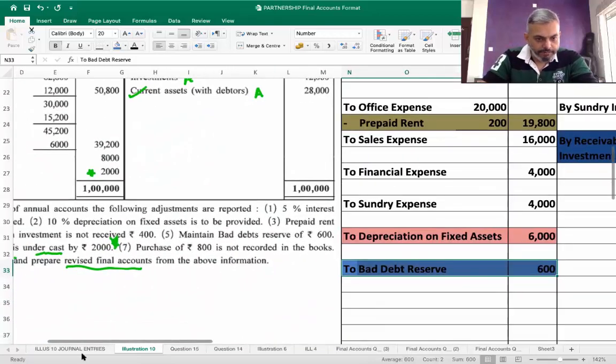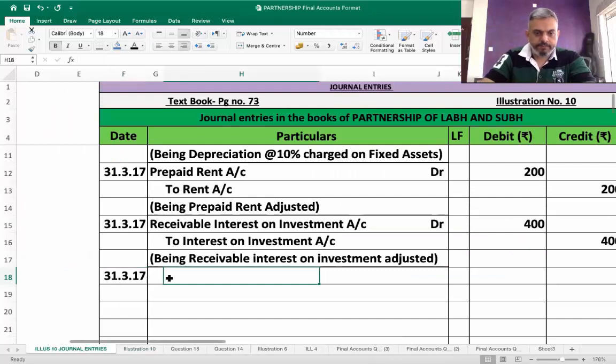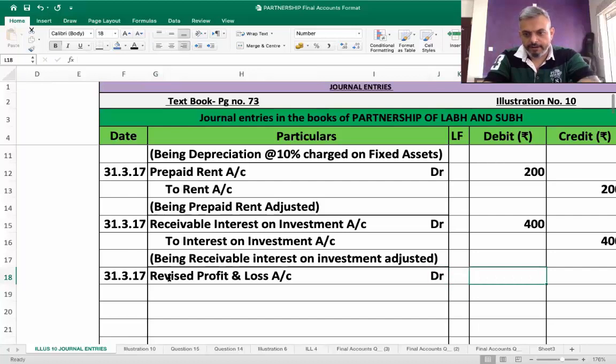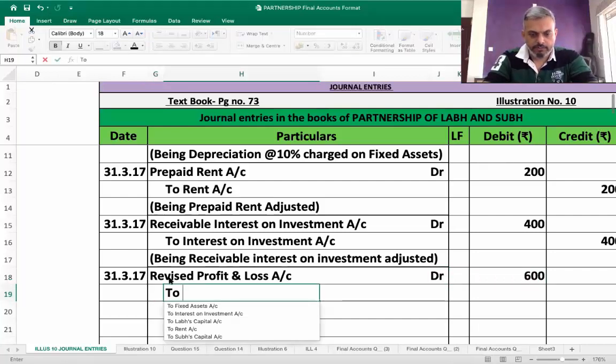Now over here, any entry for creation of provision is profit and loss account debit, or you can use revised profit and loss account, 600 to bad debt reserve account.